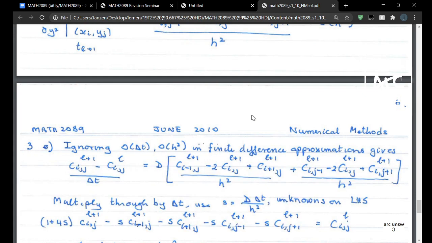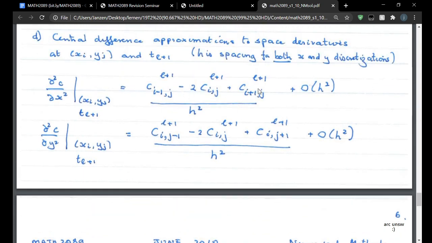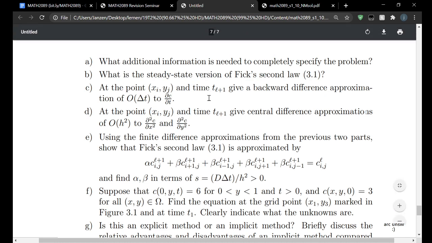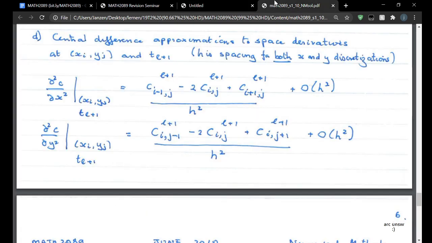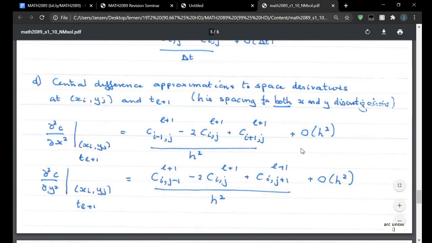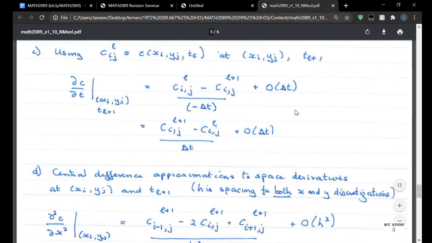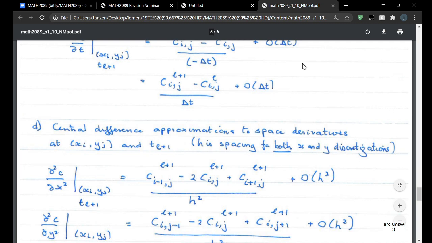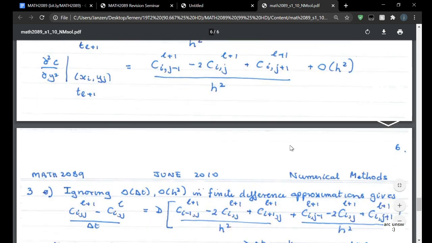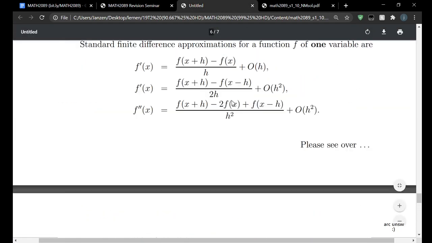When you're substituting the approximated forms back into the original PDE, you ignore the big O notations as well. So we're substituting this expression, and this expression, without the O(h squared) and the O(delta t) truncation error.